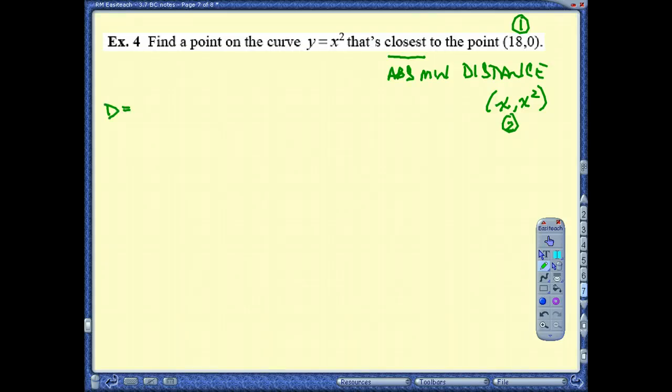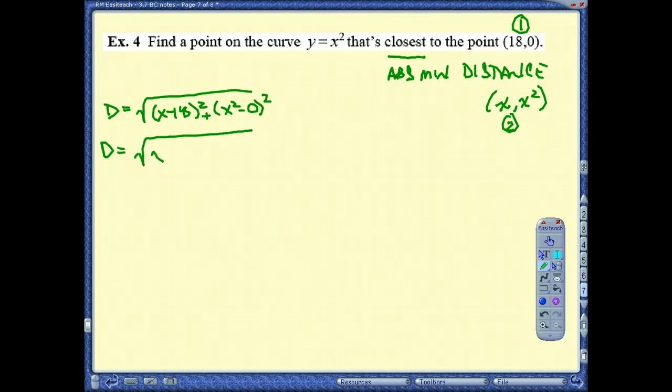So the distance formula is going to be the square root of (x minus 18) squared plus (x squared minus 0) squared. If you simplify that out, you should get x to the 4th plus x squared minus 36x plus 324.